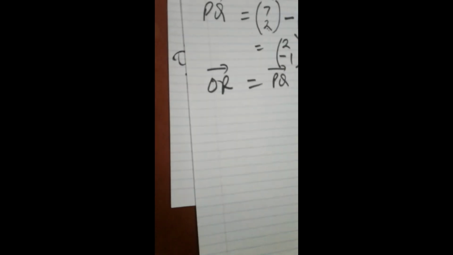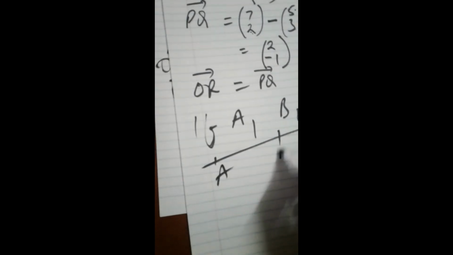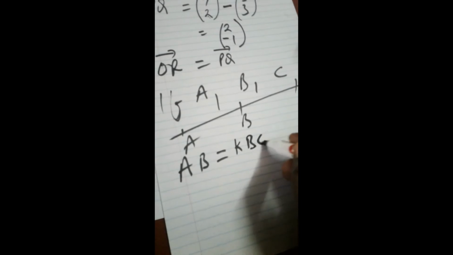Now, when we talk of collinear points, these are points which lie on the same line. If we have A, B, and C which lie on the same line, then we shall say that AB is connected to BC by a constant, say K. We call it a parameter of BC which connects them.